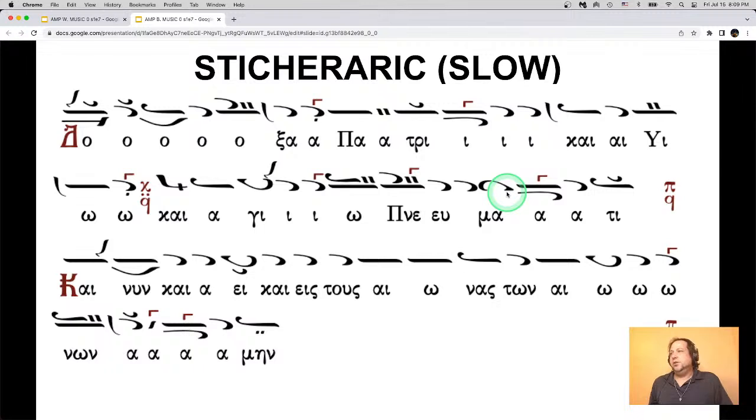So, ones, doxa, patrikeio. Let me read this actually just dry, because we haven't gotten into ornamentation yet.